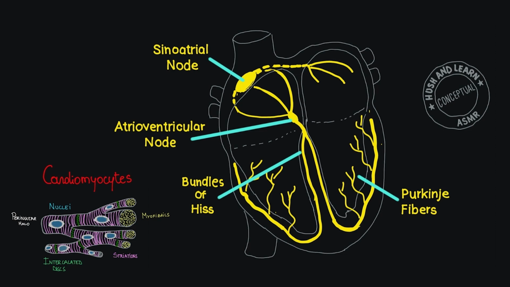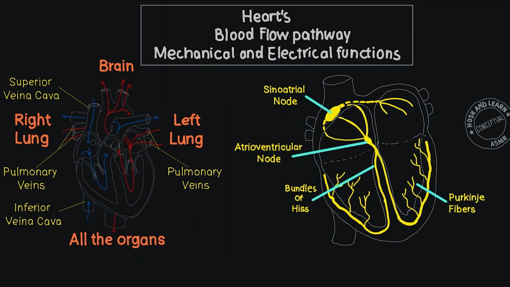There you have pacemaker cells, which spontaneously generate an electrical impulse that prompts both atria to contract in unison. This contraction propels venous blood from the right atrium into the right ventricle through the tricuspid valve. Meanwhile, oxygen-rich blood flows through the mitral valve from the left atrium into the left ventricle.